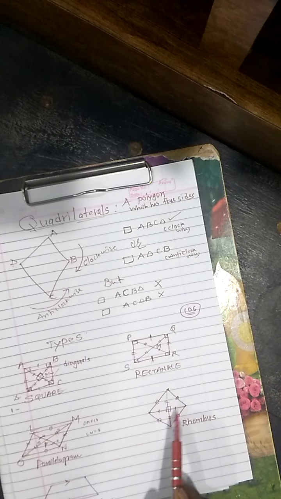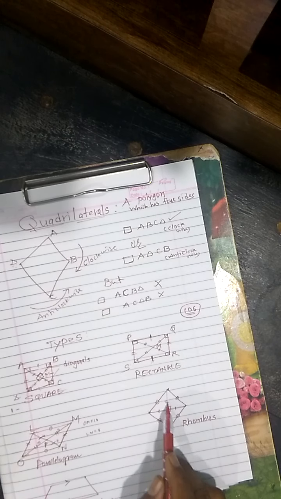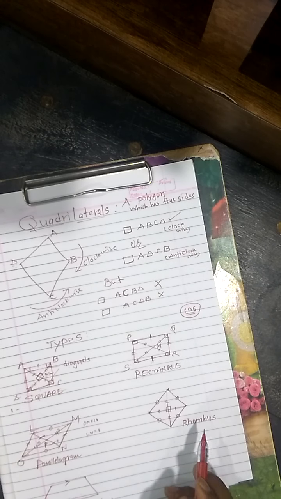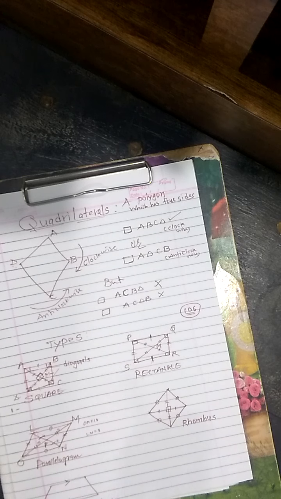Both the diagonals bisect each other, but they are not equal. You see, these and these are equal, this side and these sides are equal. So these are the properties of a rhombus.